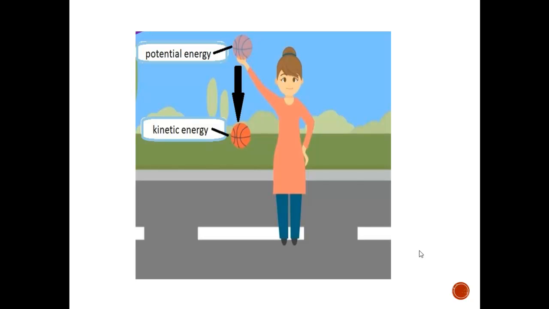So now we have two forms of energy, potential energy and kinetic energy. The difference between them is that kinetic energy is the energy of motion, but potential energy is energy stored in the body due to its position.